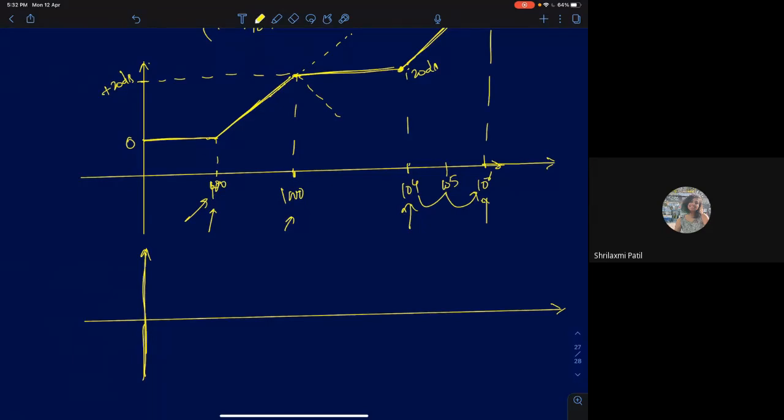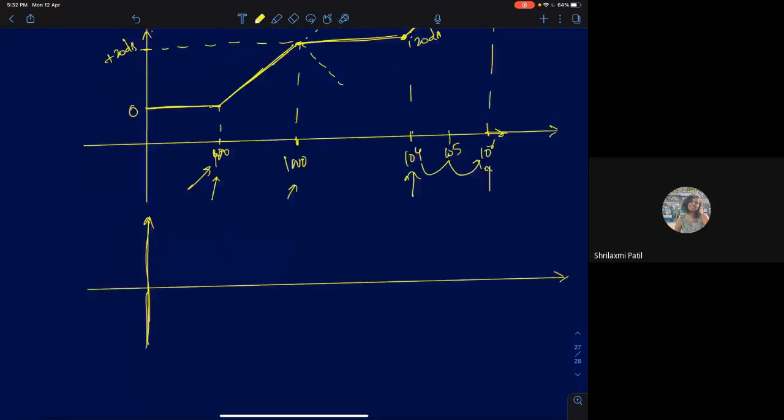I'm talking about sign neutral phase shift, so let's not worry about sign. A single pole can introduce a phase shift of minus pi by 2. That will be the maximum phase shift it can introduce.